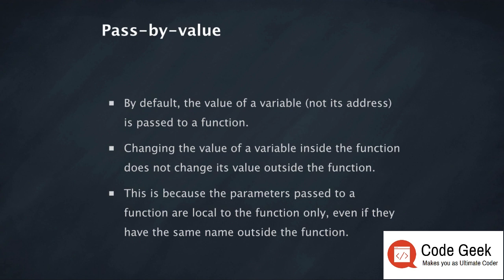Changing the value, therefore, of a variable inside the function does not change its value outside the function, even if those 2 variables have the same name. This is because the parameters passed to a function are local to the function only. They have what we call local scope. They don't have global scope. And they are local even if they have the same name outside the function.